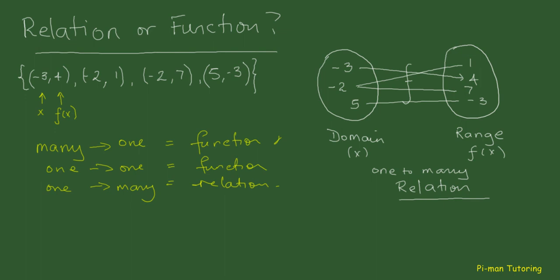So for example, in this top case, we can have two different values of input producing the same output.